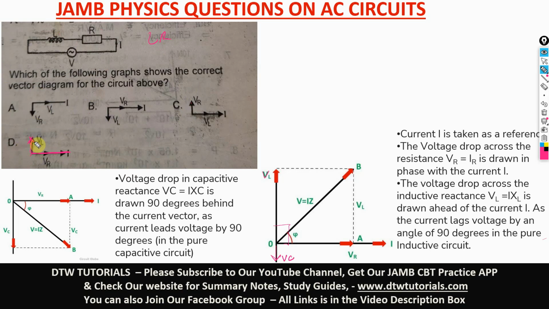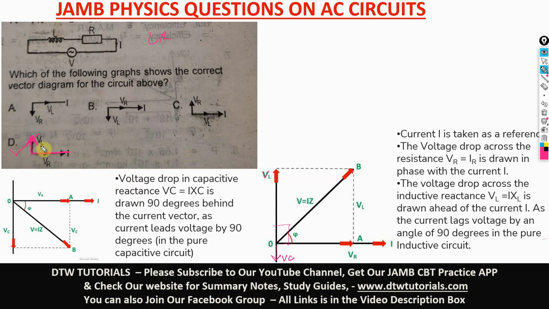Your voltage leads, as I said earlier. In an inductive circuit, your voltage leads, your current lags. So the arrow up means it is leading, and current lags. What else am I explaining here? Okay, so the right option here is this.